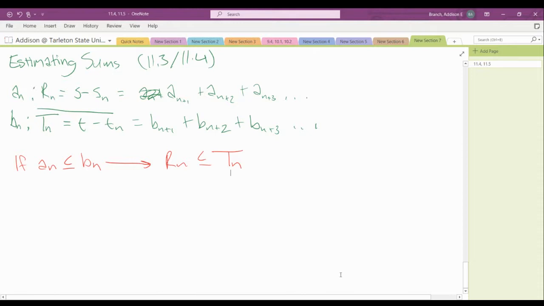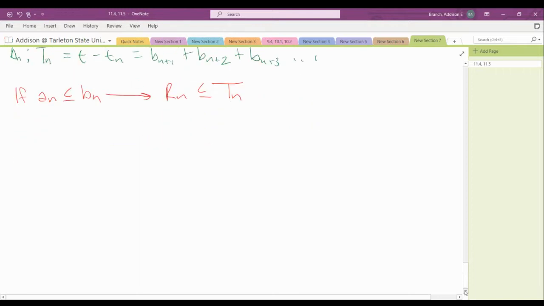So usually, like I said earlier, whenever we do comparison test, we usually set b to be either a p-series or a geometric series. So that's going to actually depend on how we do our sum and our remainder.